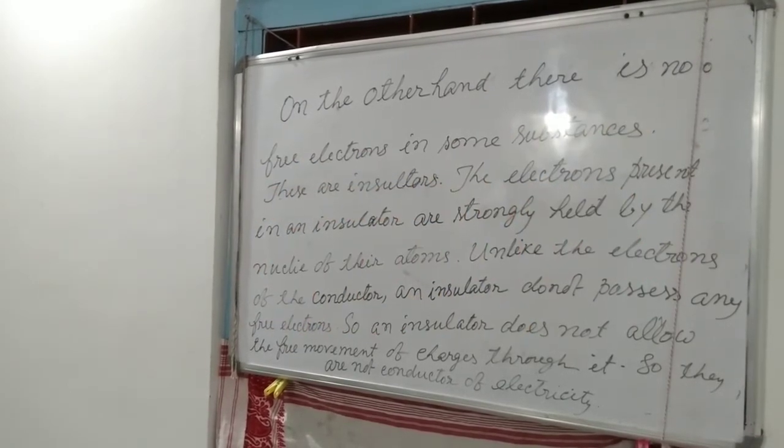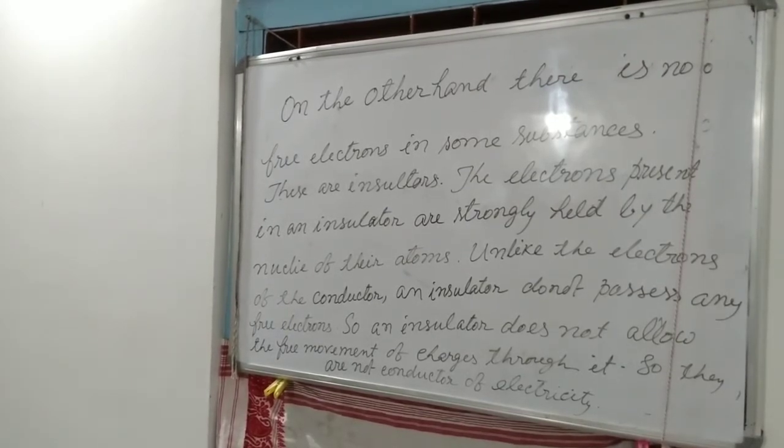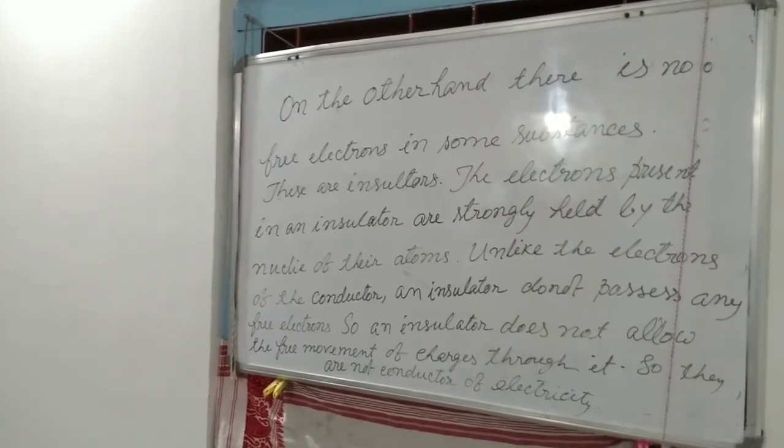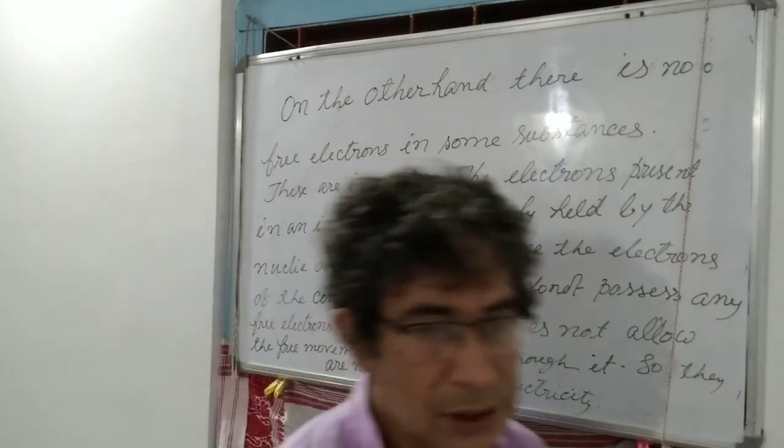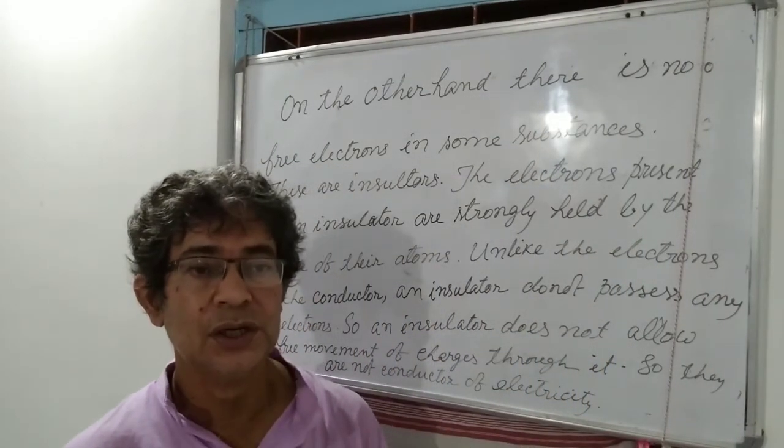So unlike the electrons of conductors, an insulator does not possess any free electrons. So an insulator does not allow the free movement of charges through it. So they are not conductors of electricity. Thus, students, we have known why some substances are conductors of electricity while some others are not conductors of electricity, which are called insulators.